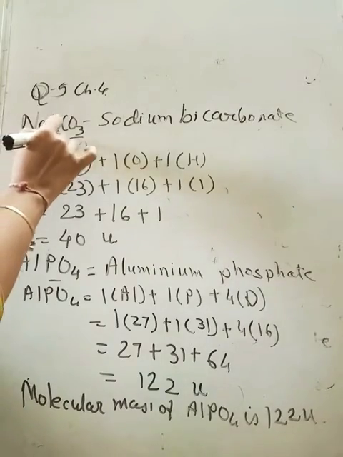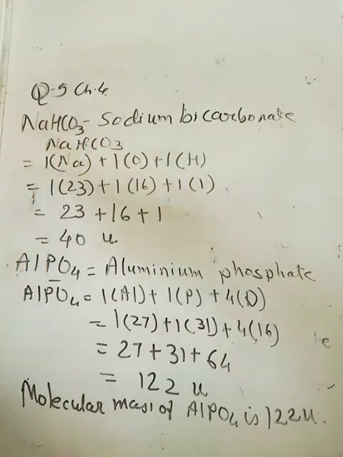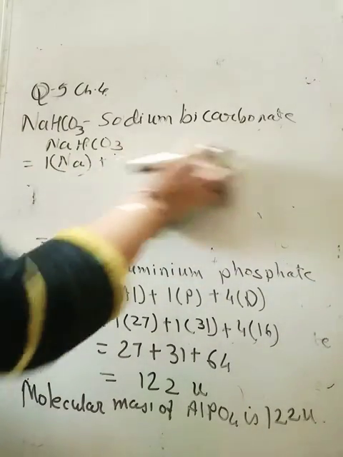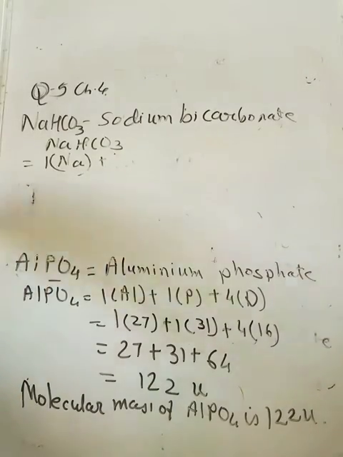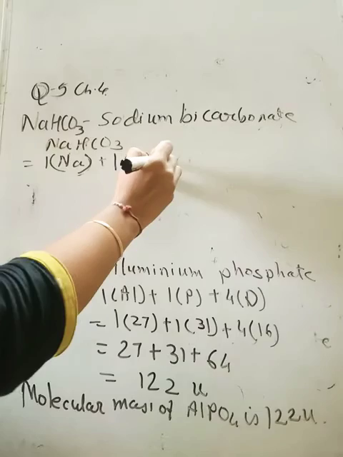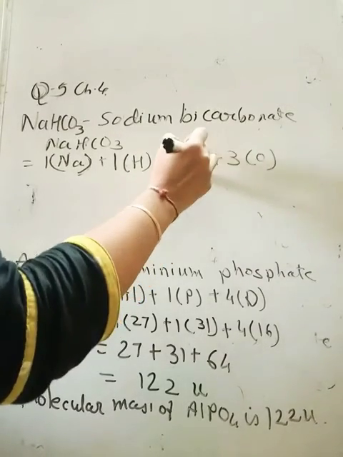So you have NaHCO3. So it is 1 H plus 1 Na plus 1 H plus 1 C plus 3 oxygen.